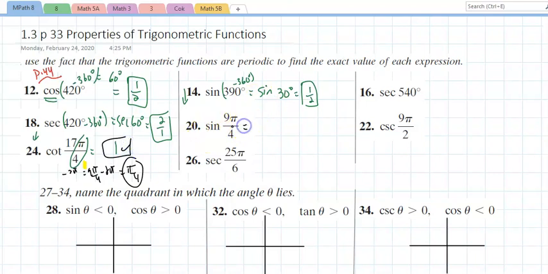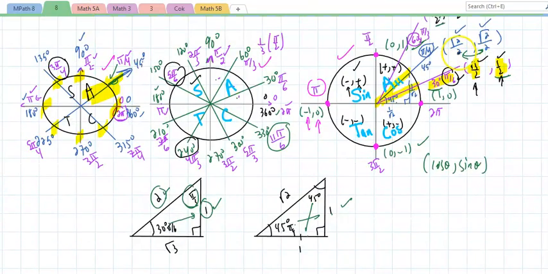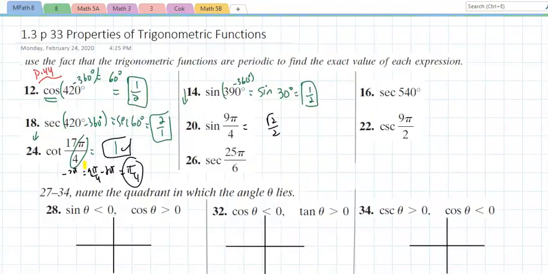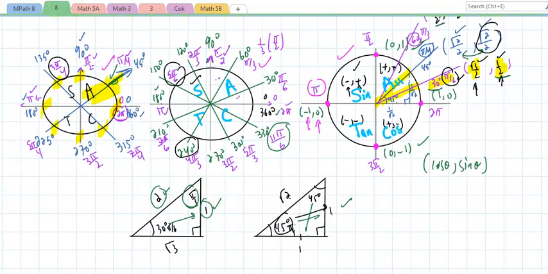20. I know this is radical 2/2. Again, I'm looking at the pi over 4. There's the sine. 45 degrees, sine is the opposite over the hypotenuse. Rationalized. The question is, where's 9 pi over 4? I have two options. Either I go in there and I count. 9 pi, 1, 2, 3, 4, 5, 6, 7, 8, 9.